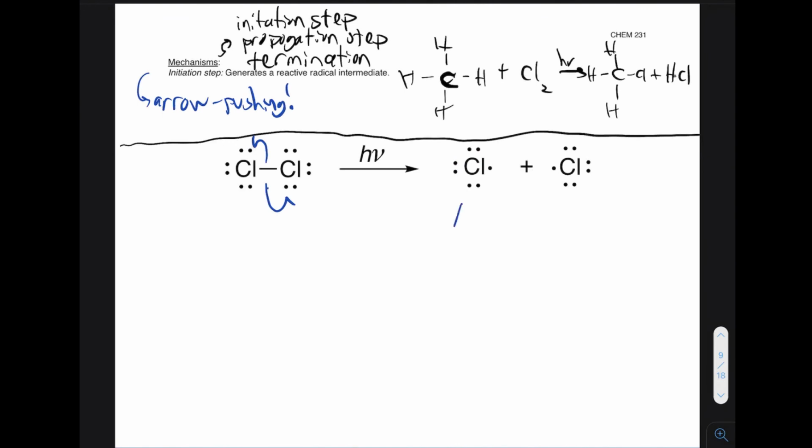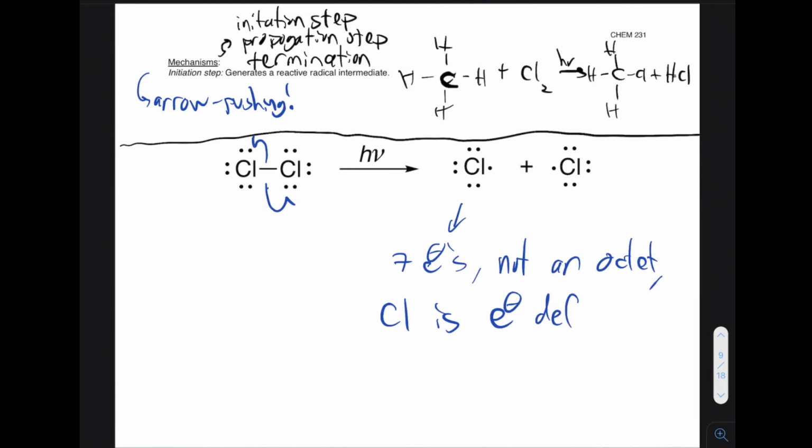And remember that there's only 7 electrons here, not an octet. So even though there's no charge, chlorine is electron deficient, right? It wants another electron to fill its octet. And that's why these radicals are so reactive, right? Even though they're not charged, that lone electron is ready to pair up, ready to do something to get its octet filled.